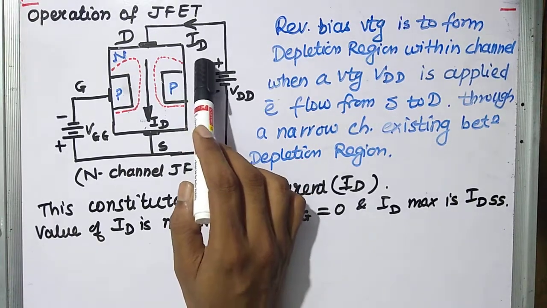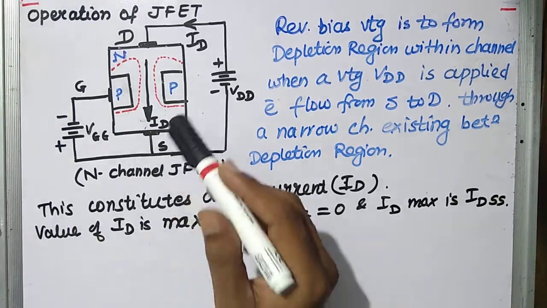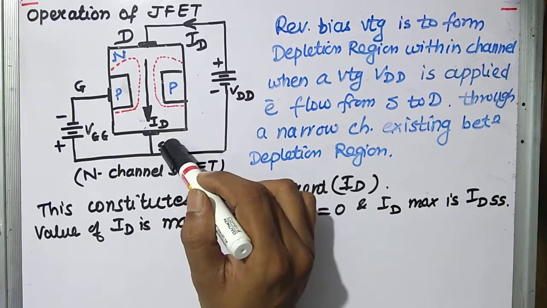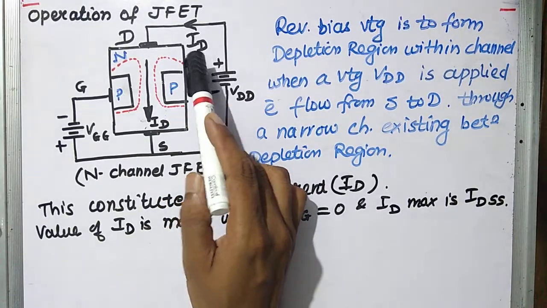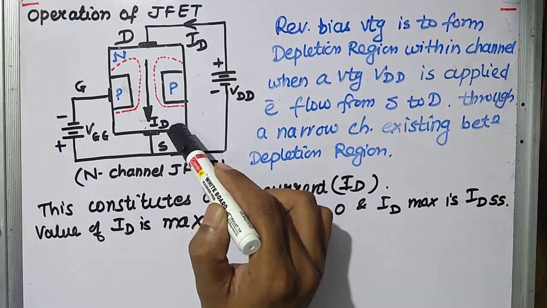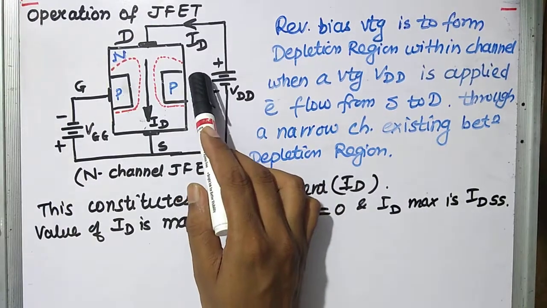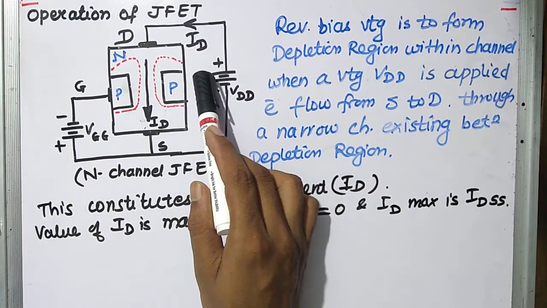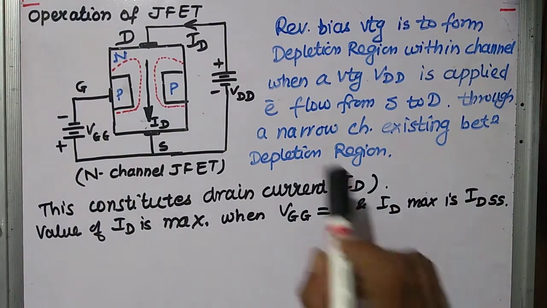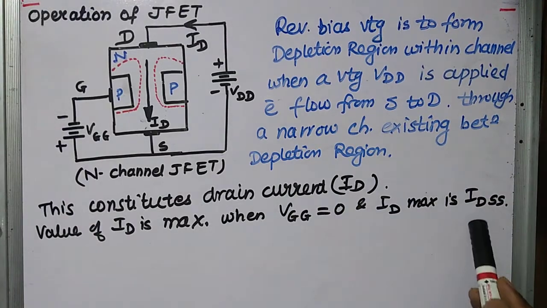Drain current. Now the direction of conventional current: this is the direction of conventional current, but actual flow of electrons is from source to drain. But the conventional current is from drain to source. Now the value of this drain current is maximum, and it is denoted by IDSS.